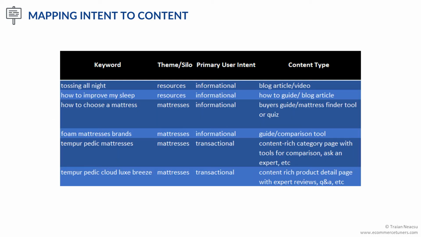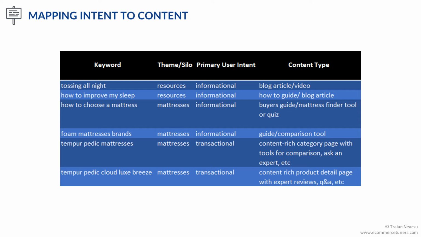First, do your best to map her keyword journey by sorting keywords top to bottom based on the buying funnel. In this example, Jamie starts with a broad search, tossing all night, then she refines it to how to improve my sleep. After finding out that mattresses can be the cause of her poor sleep, she refines her search to how to choose a mattress.